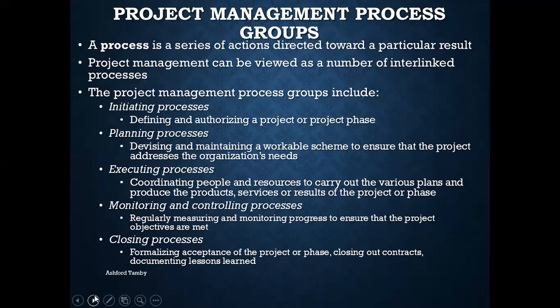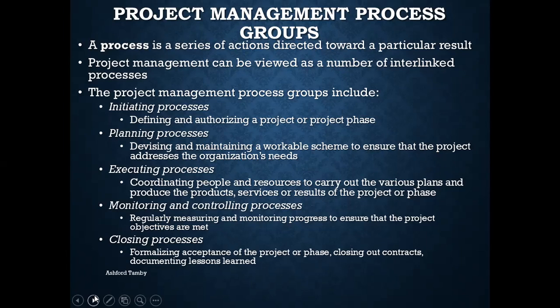So, we would have spoken already about the knowledge areas within project management and the 10 knowledge areas that we have. Now, the knowledge areas are linked to the process groups within project management. And the process groups really are the actions, like it says, directed towards a particular result.